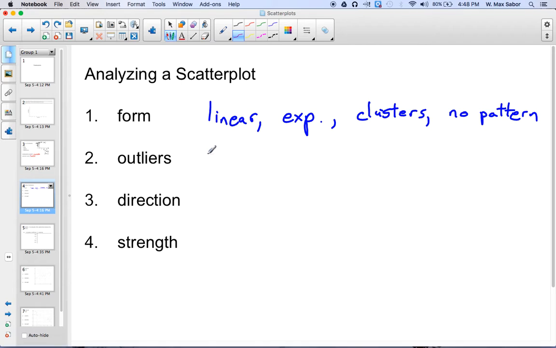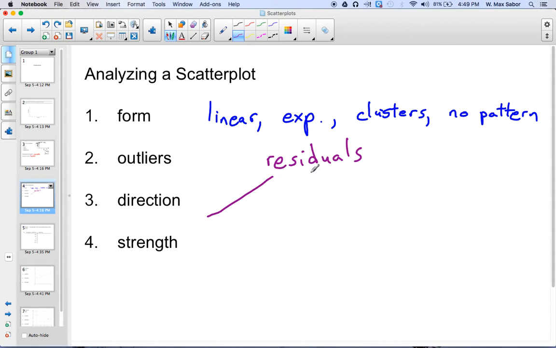The second thing that you should look for is, are there any outliers? We will be talking a little bit later, and we've already seen residuals. You can look at the residual plot in order to determine if there are any outliers. What's the direction?